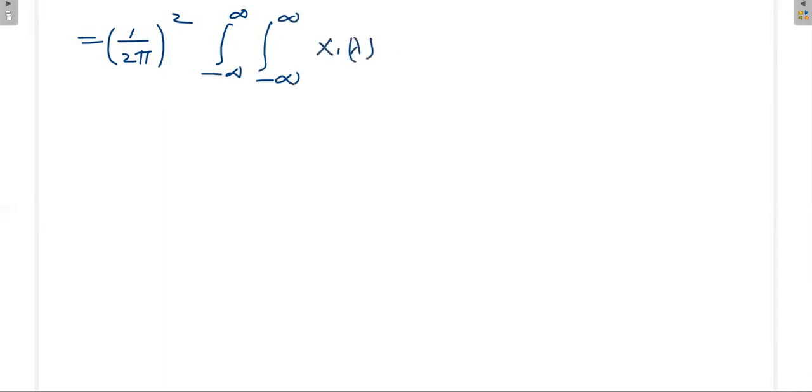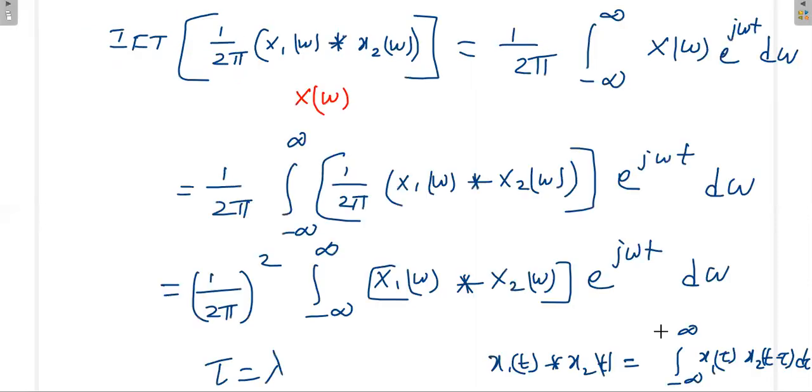So that is 1 by 2 pi whole square integration minus infinity to plus infinity. Again integration, this second integration comes from the convolution. Okay, X1 of lambda, X2 of omega minus lambda, and then e power j omega t will be there, d omega will be there, and also you will be getting one d omega from this.